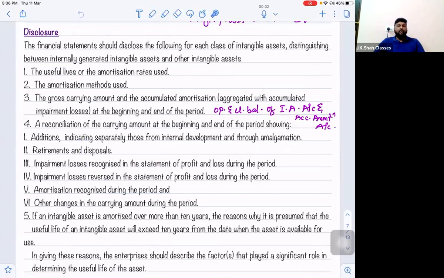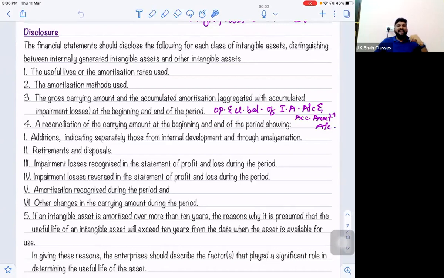Means, for example, if your opening carrying value, now what is carrying value? Sir, carrying value is nothing but cost minus accumulated depreciation minus accumulated impairments. You get the carrying value. So opening carrying value and closing carrying values will technically not be the same. So you have to reconcile and show why there is a difference.